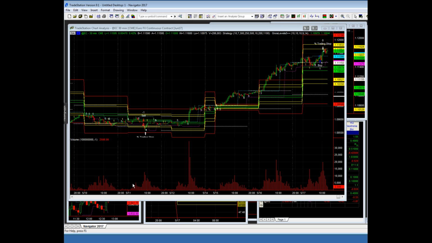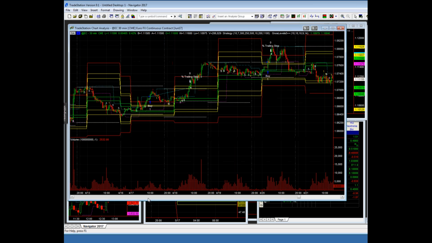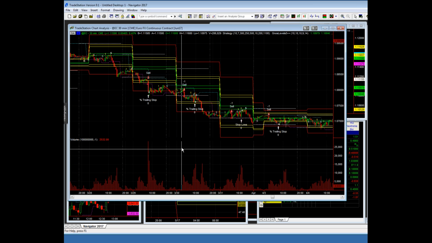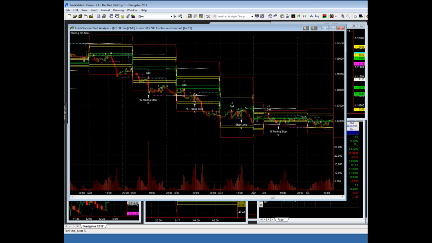So even though this is the euro, it's normal for the London session to be kind of low. It's normal for most of the volume to be where the London overlaps with the US. Now you can see towards the end of the day, most of the time there's no volume at all in the euro compared to the S&P.